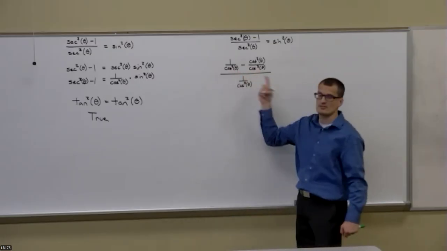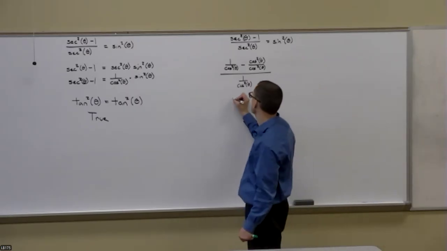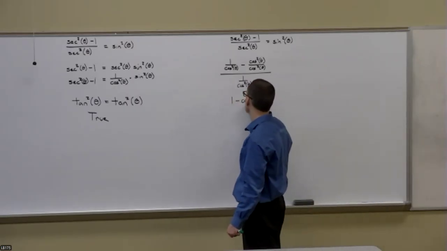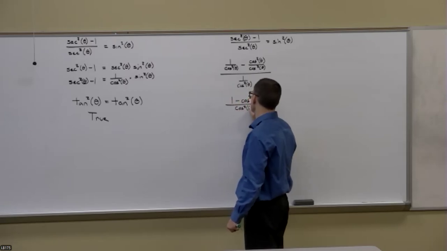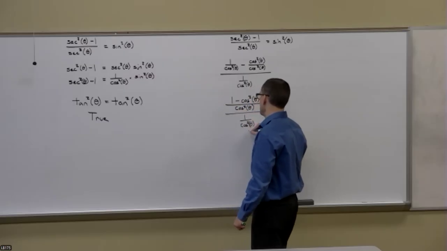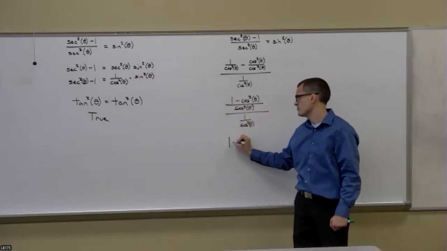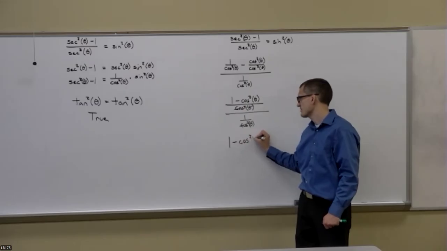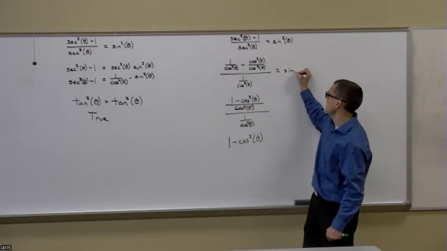And then I'd combine those fractions in the numerator. And then I'd see that the cosine squared would cancel out. I'd end up with 1 minus cosine squared. All of this right-hand side hasn't changed.